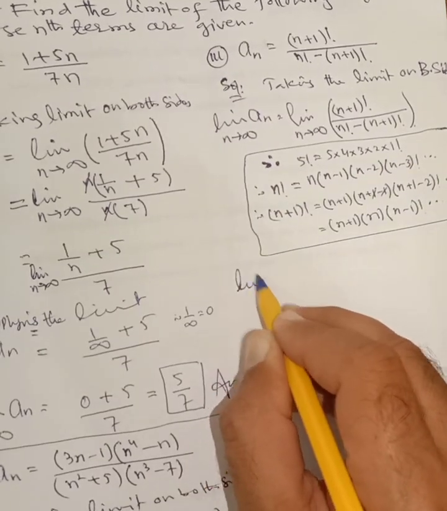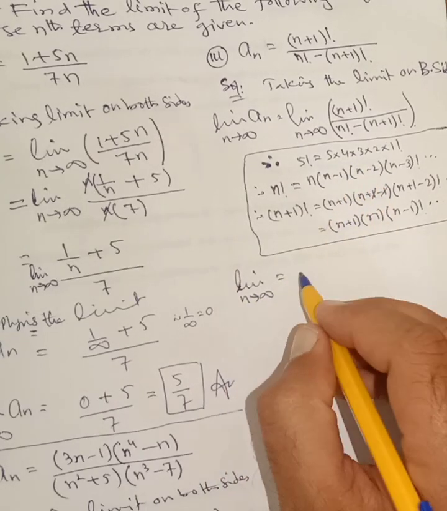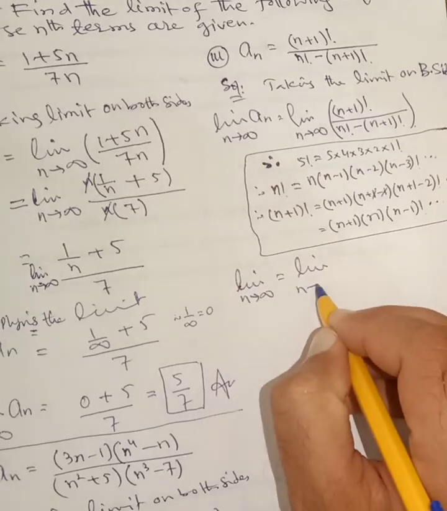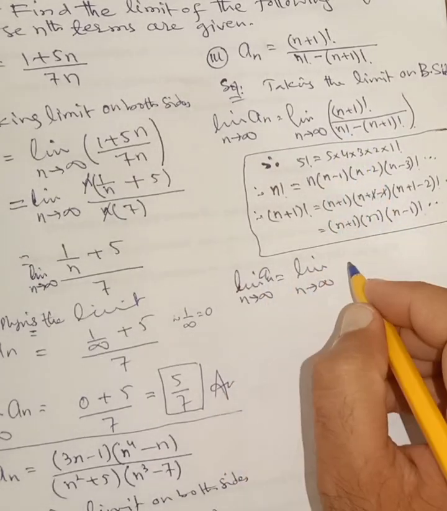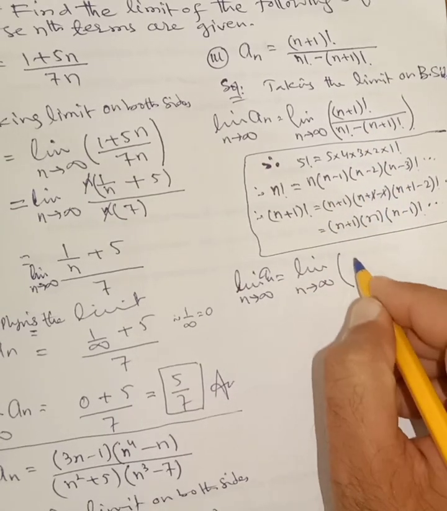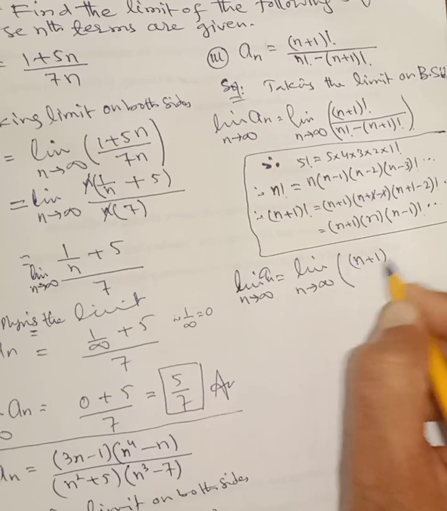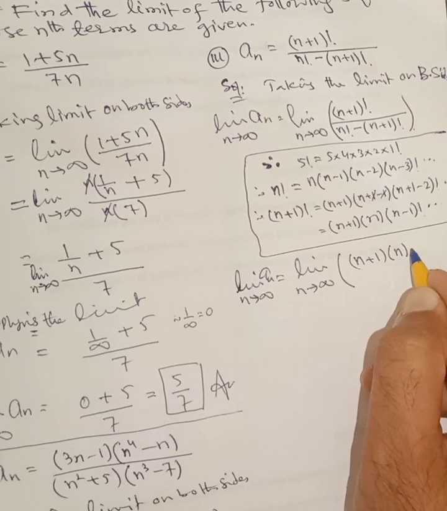Limit n tends to infinity, and if we open this statement, we have (n plus 1) times n times n factorial.